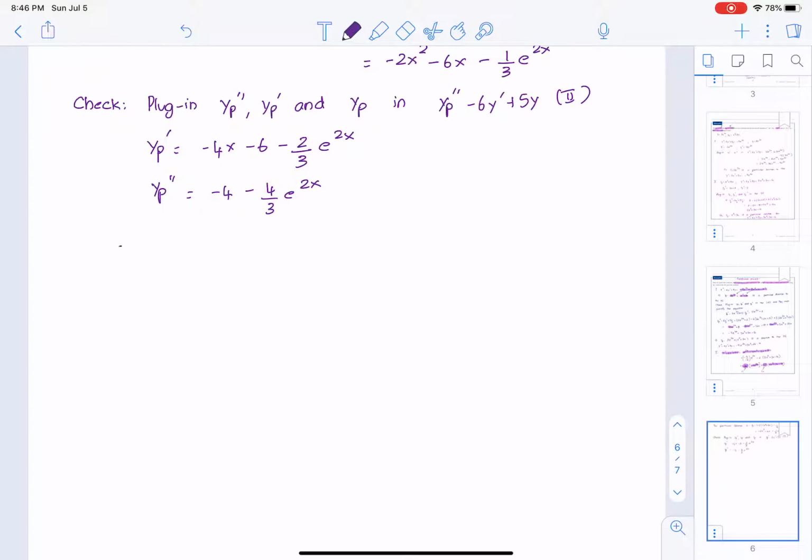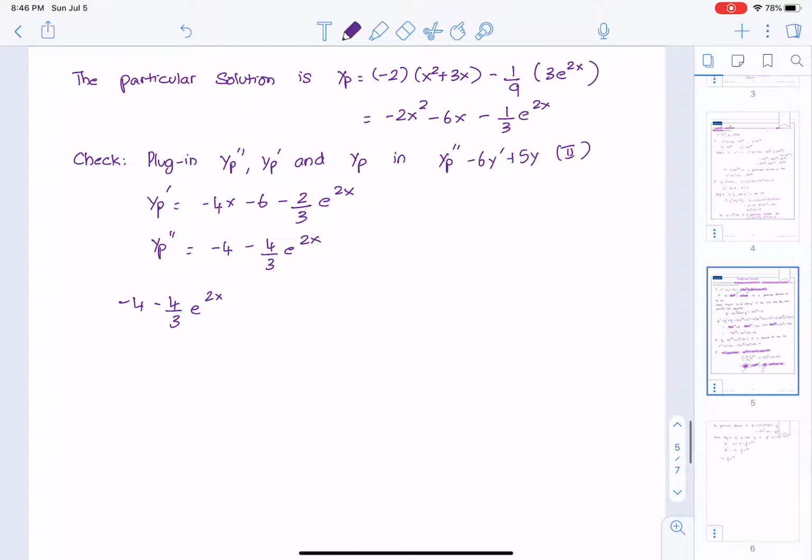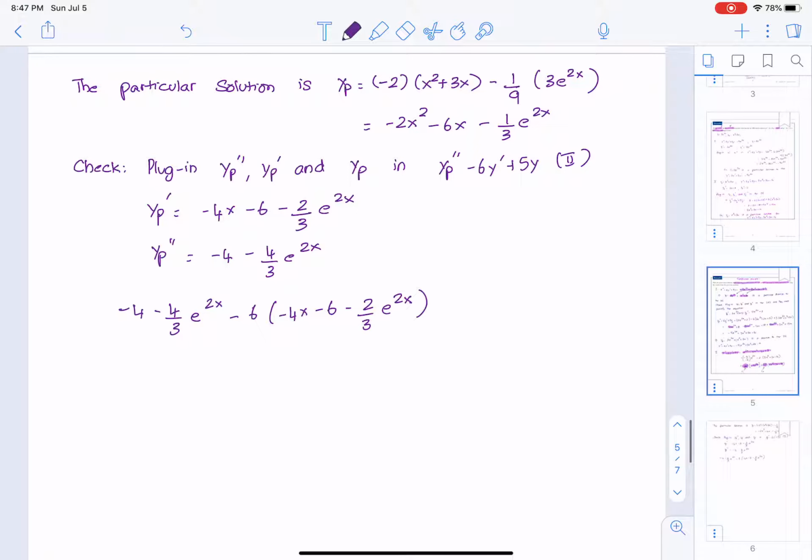Plug those in: negative 4 over 3 e raised to x, negative 6 times negative 4x, negative 6, negative 2 over 3 e raised to x, plus 5 times the solution that I am claiming to be the particular solution.